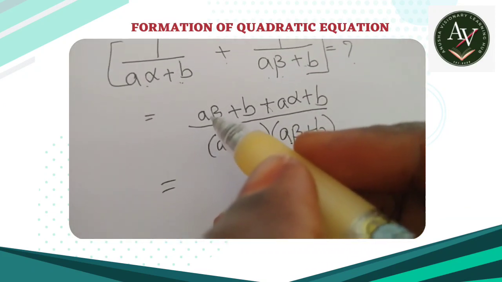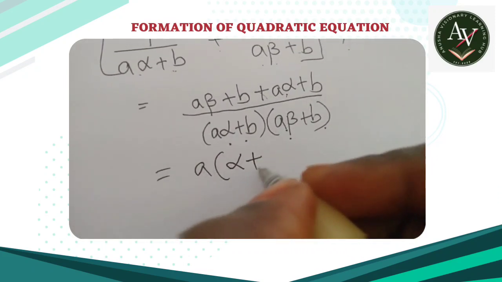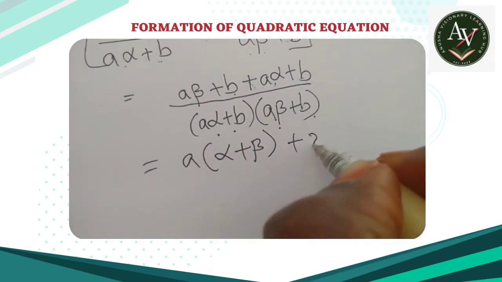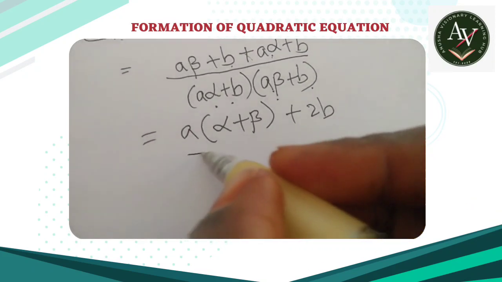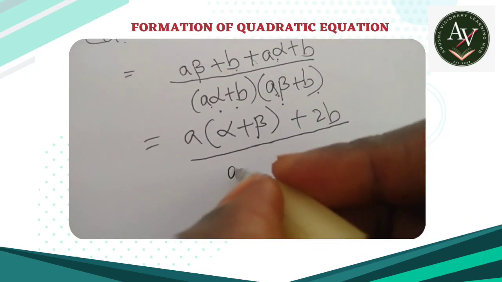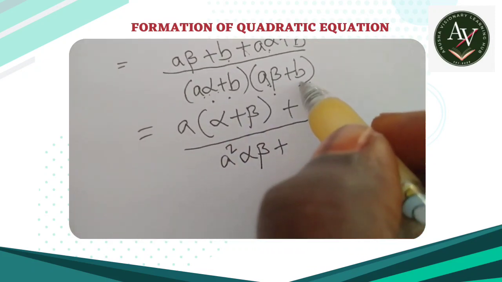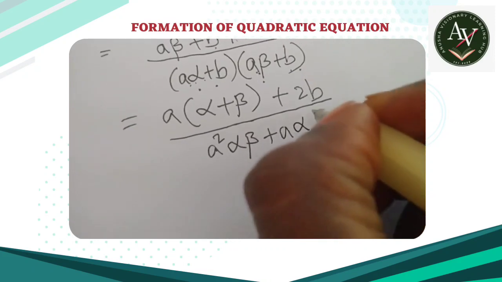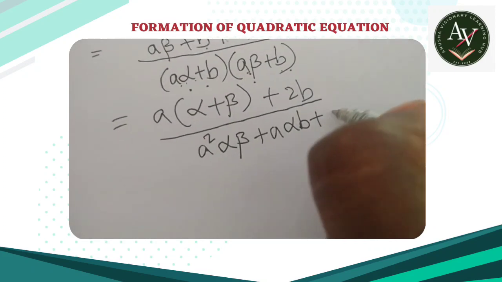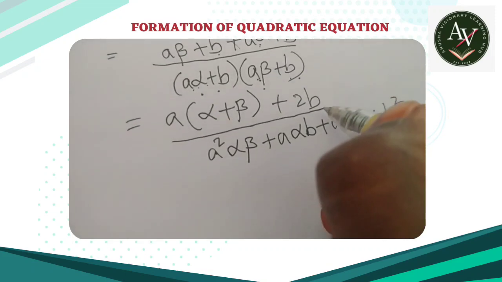Here if you take a as common, you will get a into (alpha plus beta) plus b plus b makes 2b, right? And now multiply a alpha with a beta, means a square alpha beta, plus a alpha b, that one as it is, plus ab beta, plus b into b, b square.